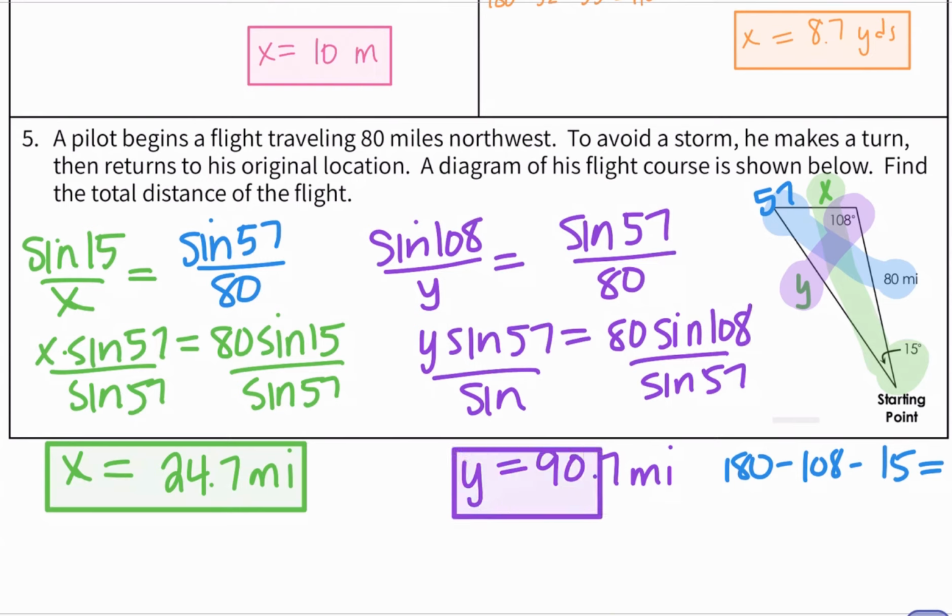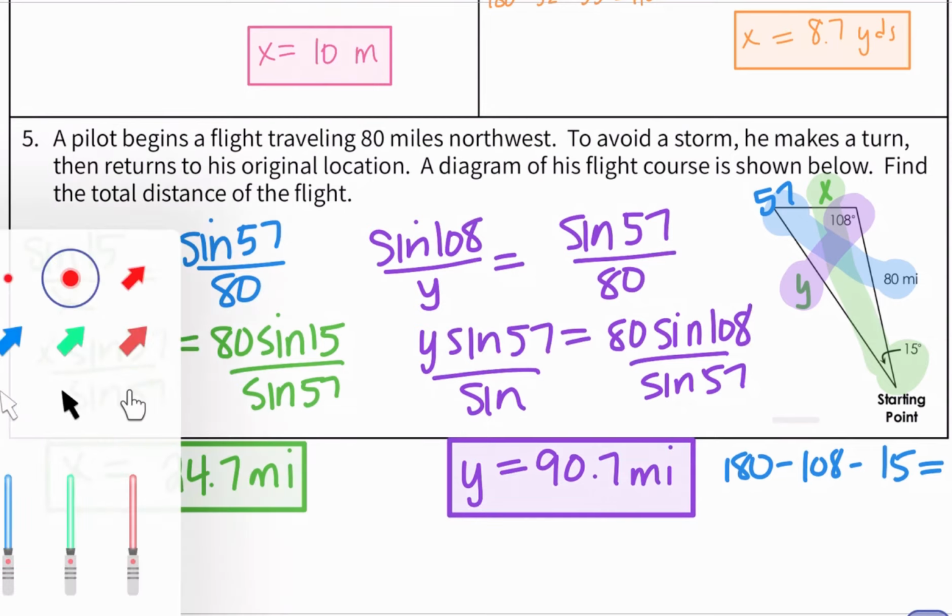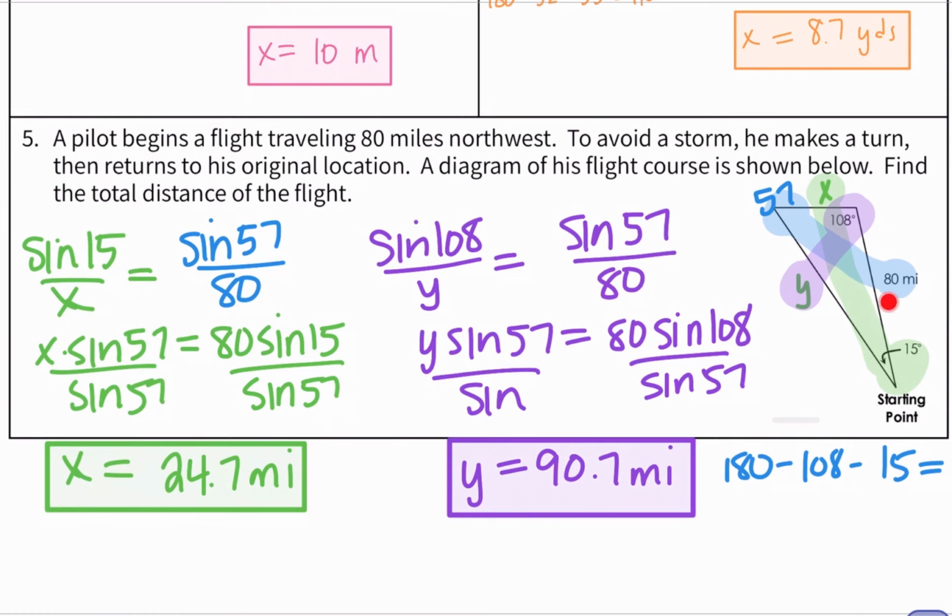Okay, so now I officially have all three sides of this triangle. I know how far his first path was, because they told us in the story that was 80. We figured out that this little piece is 24.7, and we figured his way back was 90.7. So if I want his total flight, I'm just going to add all those numbers together.